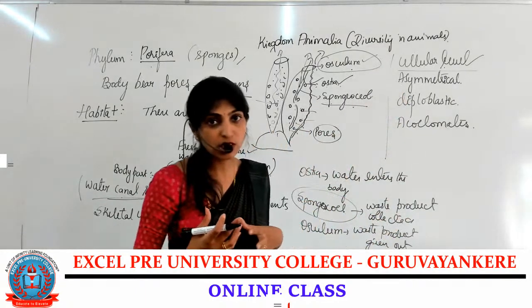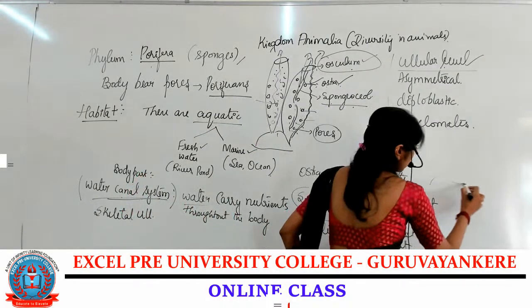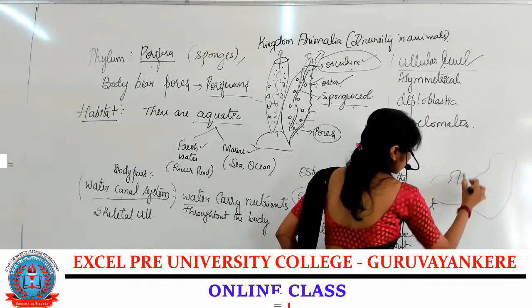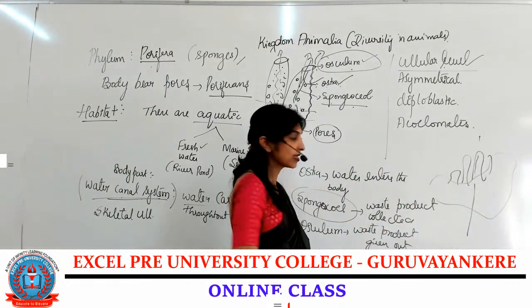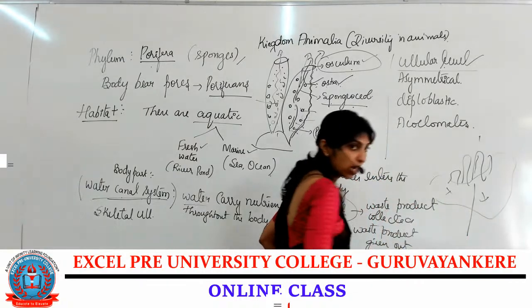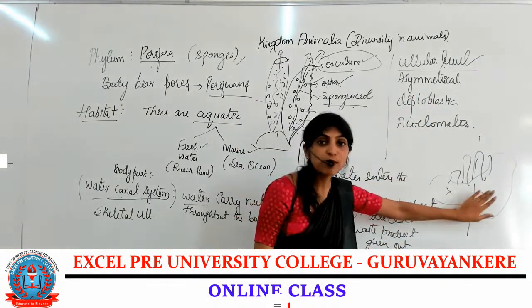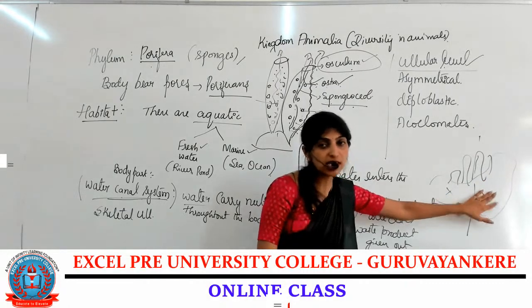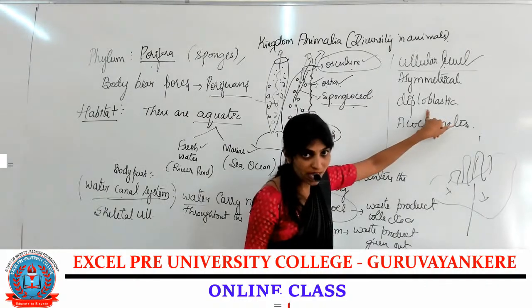If I divide this sponge through the central axis, I will not get equal halves, so we call it asymmetrical. The embryonic layer has only two layers, that is why we say it is diploblastic.